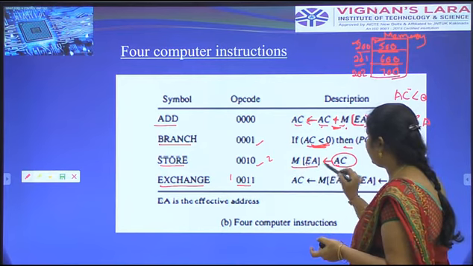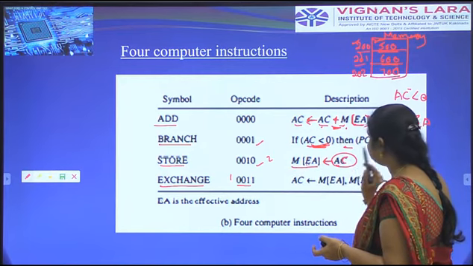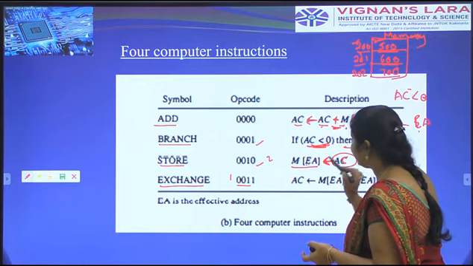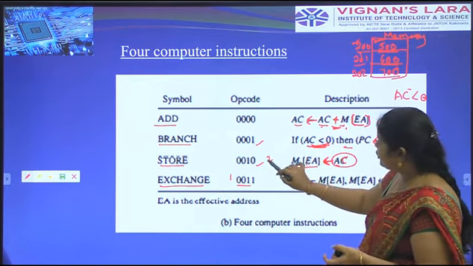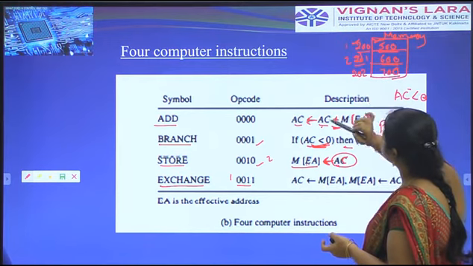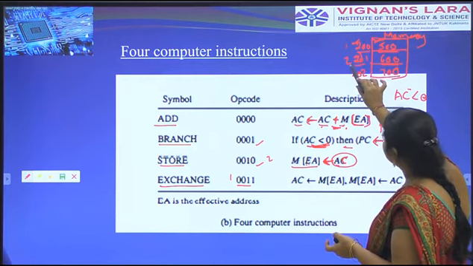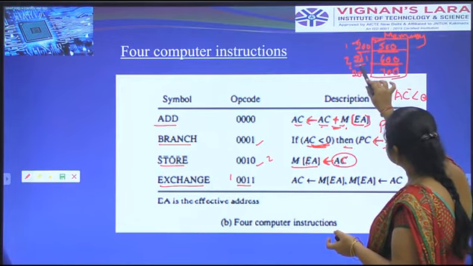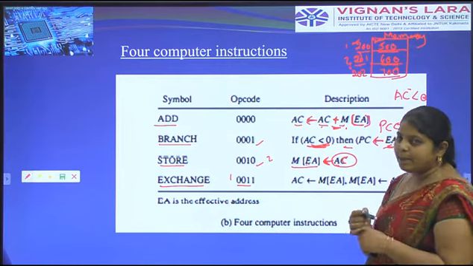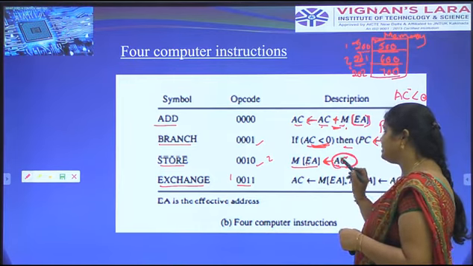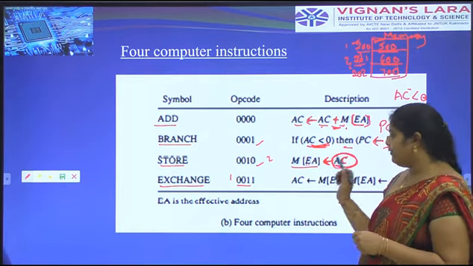The accumulator has some information, and that information is transferred to the memory of the effective address. The opcode is 2. The effective address is 201 and 600 is the memory. The accumulator has some data that is transferred to the memory of the effective address.